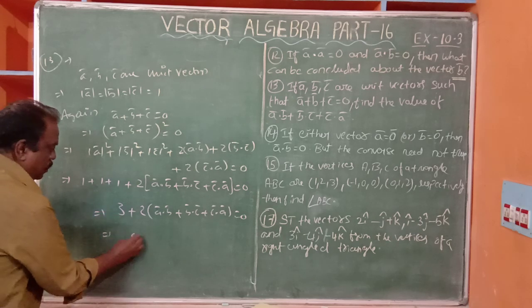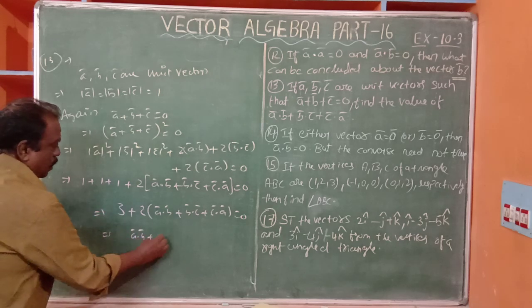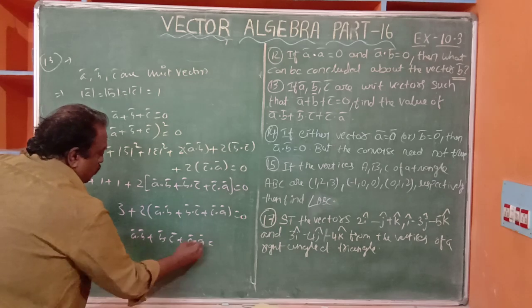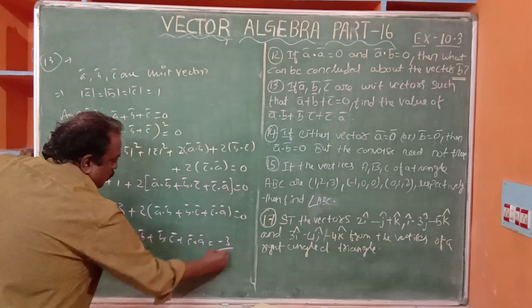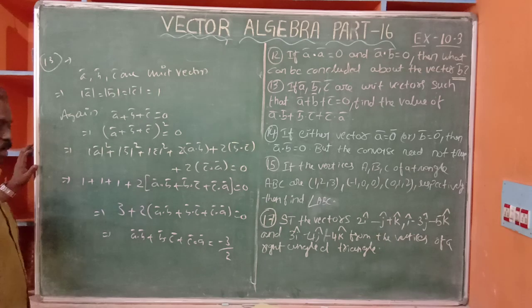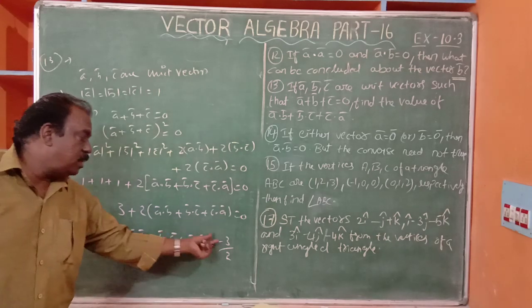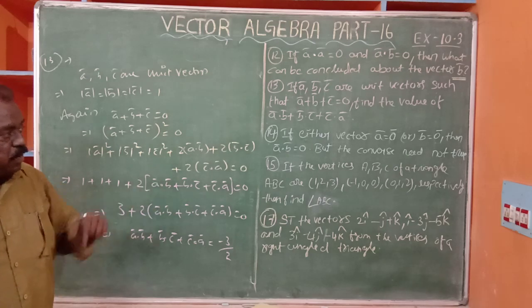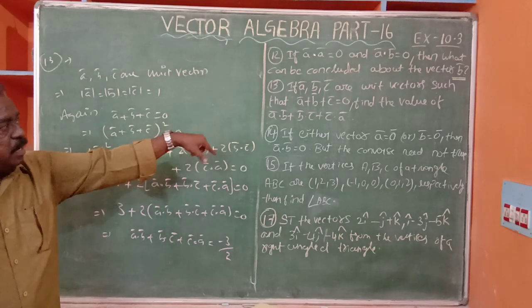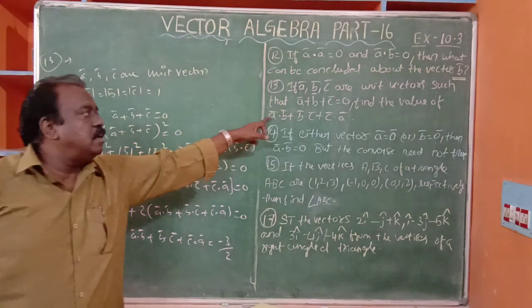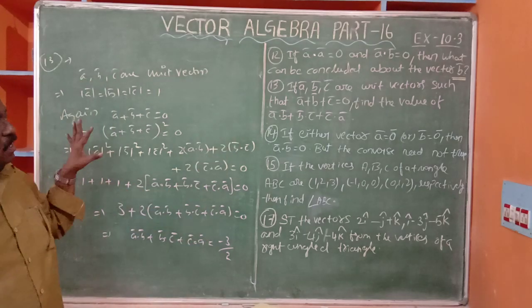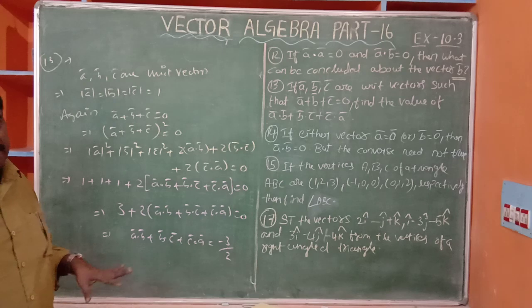That implies A dot B plus B dot C plus C dot A is equal to minus 3 by 2. Is it okay now? 3 goes to that side, minus 3 by 2. We are asked to find the value of A dot B plus B dot C plus C dot A, and the value is minus 3 by 2. Like that we have to solve.